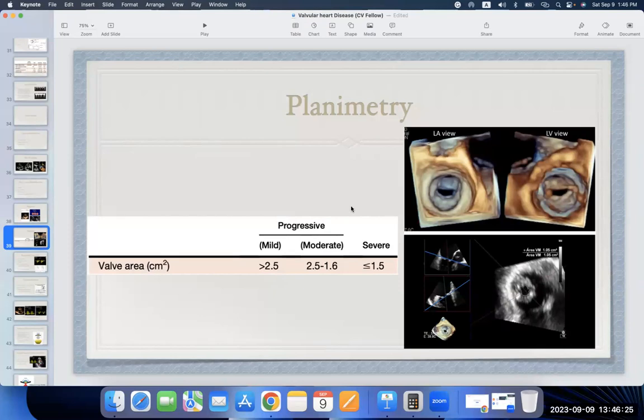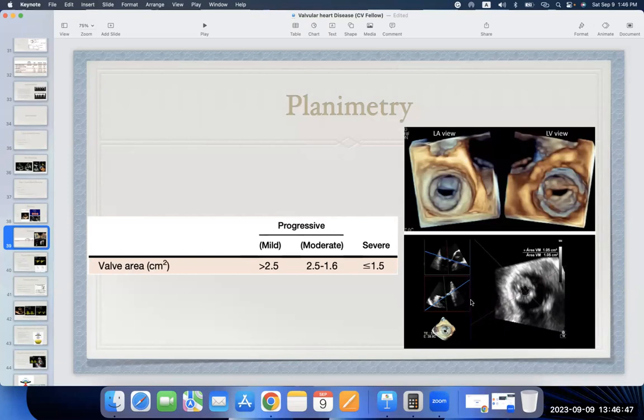I saw some cardiologists measure the mitral valve area from this view. They will just basically trace. But this is wrong. You should not trace this view, because this will underestimate the mitral valve area. It's very important to use the multiplanar images to measure.